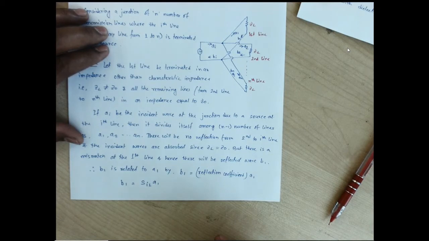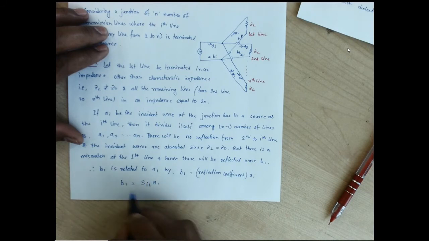Among them, one line serves as a source. When the source is given to that line, due to mismatch from any one of the lines, there will be certain reflection. That reflected signal is related to the incoming signal like this: this reflected signal B1 is some fraction or portion of the incoming signal A1.